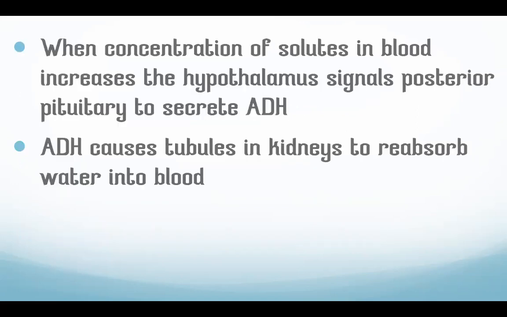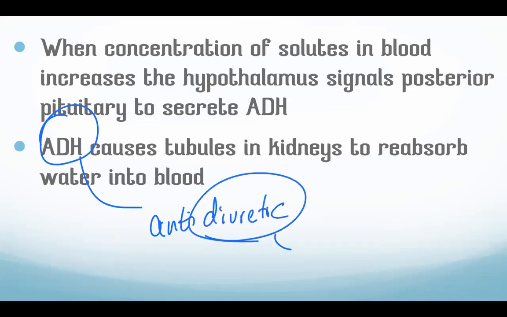Okay, so let me just go back and repeat that. I want to associate the action with the meaning of the word antidiuretic. So diuretic means more urine, and anti, of course, means not. So that means we're going to decrease the amount of urine produced. So why would we want to decrease the amount of urine produced?